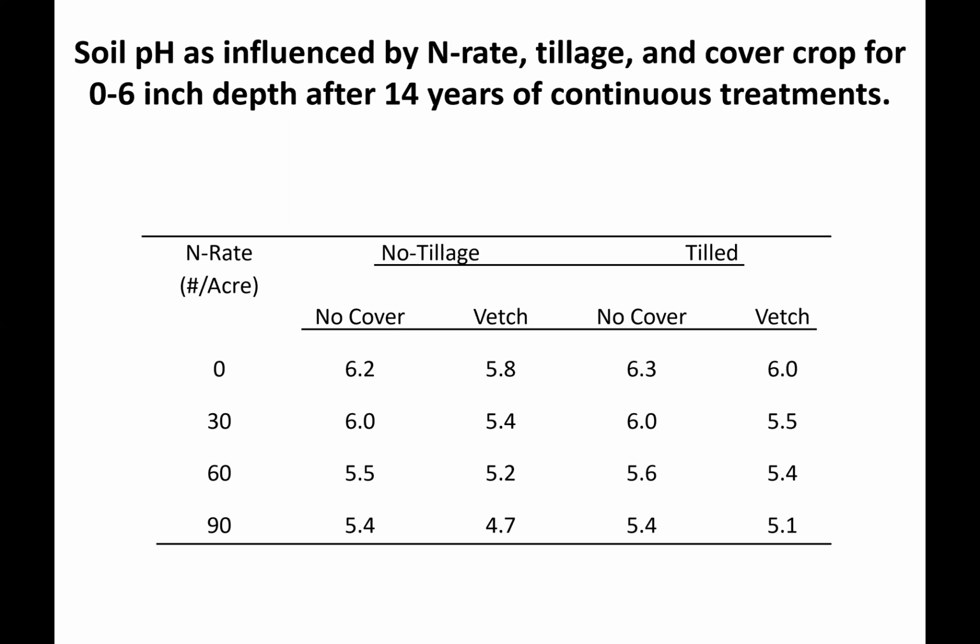Vetch is contributing nitrogen to the system. When that nitrogen nitrifies, it releases hydrogen. Hydrogen is what's going on with acidity. So if we do any of those comparisons from the no cover to the vetch, vetch always has a lower pH than the no cover. We just have some sort of contribution of nitrogen.